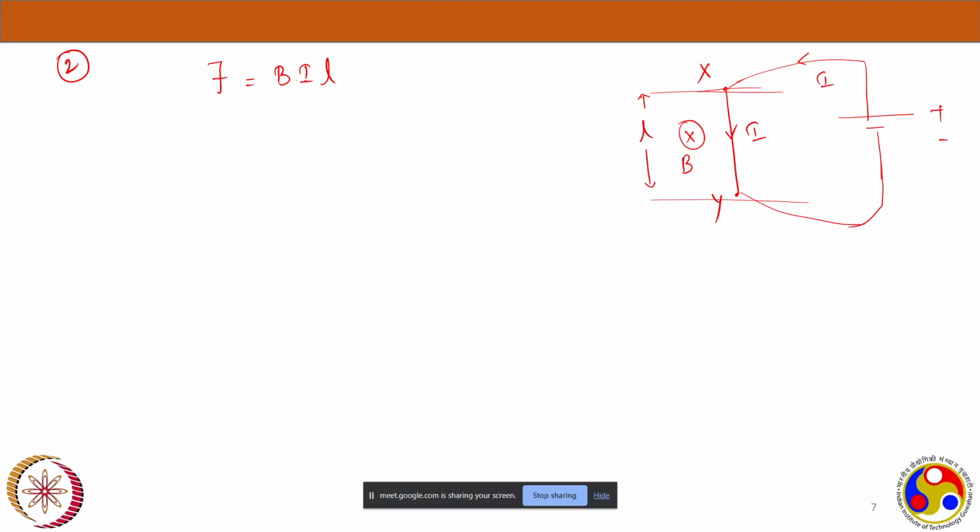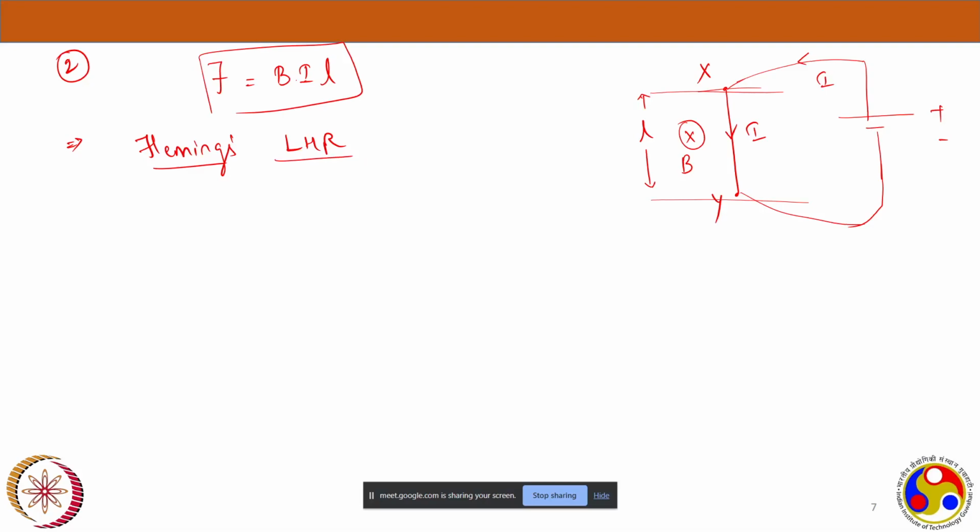For polarity of the induced voltage, we have used Fleming's right hand rule. For the direction of force experienced by the conductor, we will be using Fleming's left hand rule. That is very important. Now, same in our left hand.